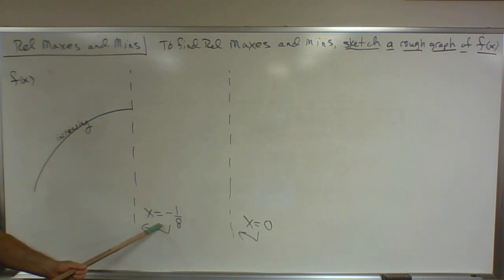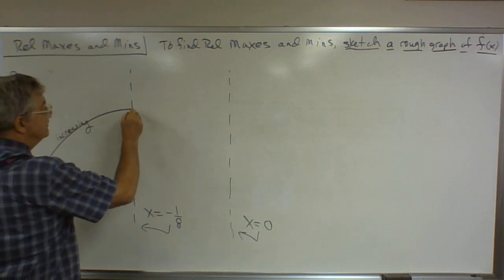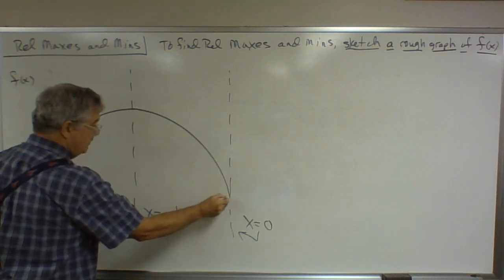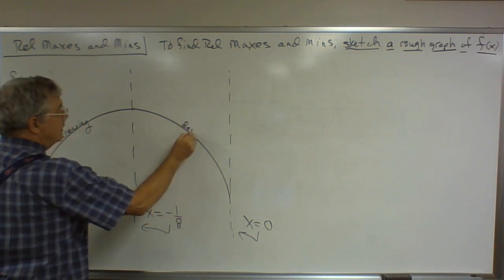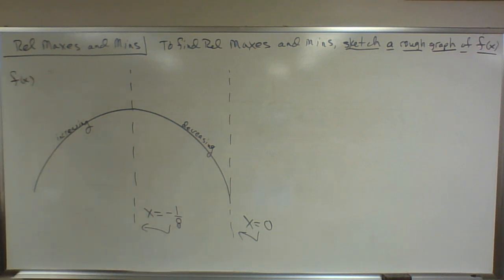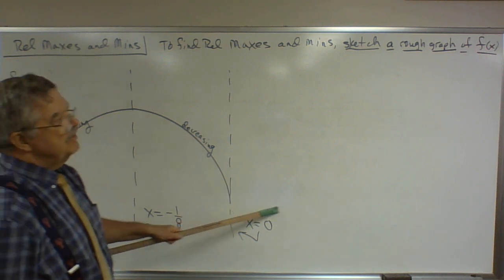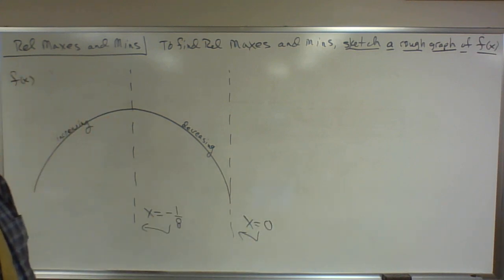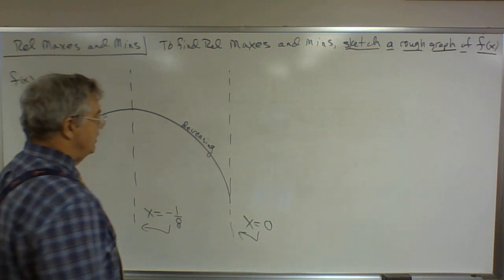Between x equal negative 1/8 and x equals 0, f of x is decreasing, so it's going to go downhill from left to right. And then from x equals 0 to x equal infinity, f of x is going to be what? Increasing? Yes, increasing, going uphill.